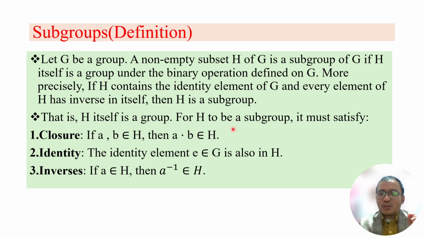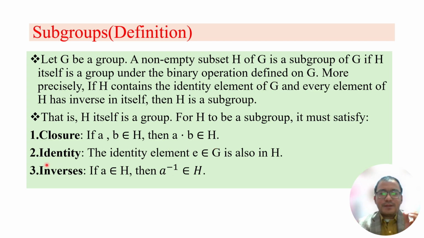For S to be a subgroup, it must satisfy some conditions, like in a group. First, closure: if a and b belong to H, the operation of a and b should also belong to H. That is the closure property.